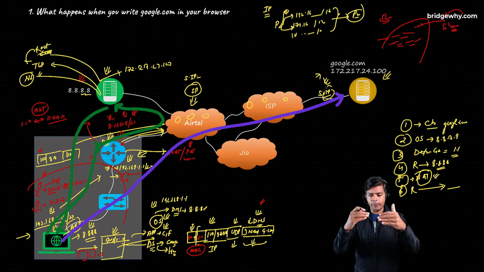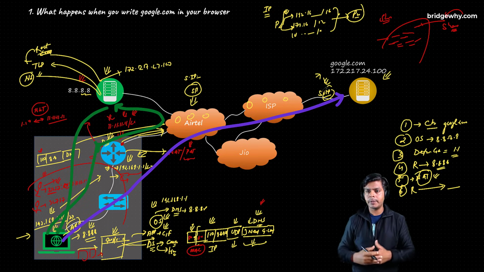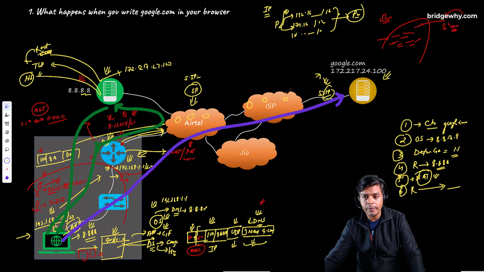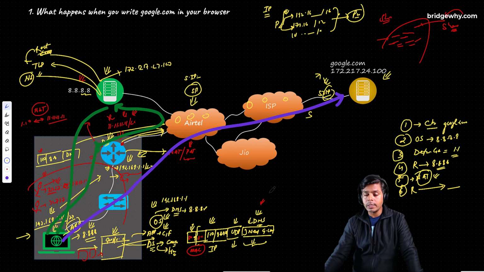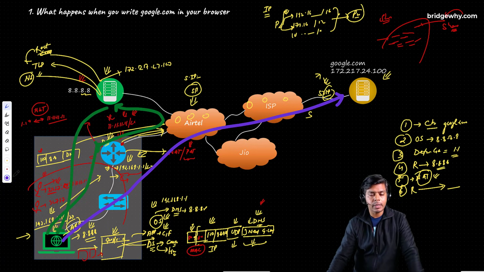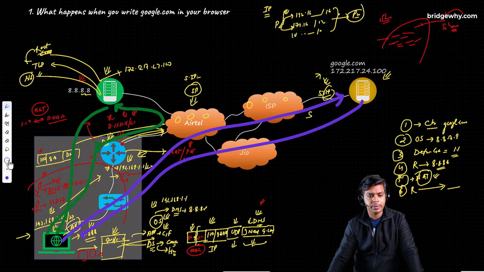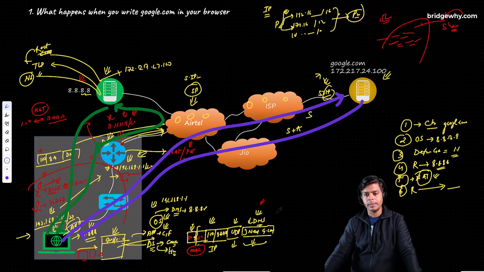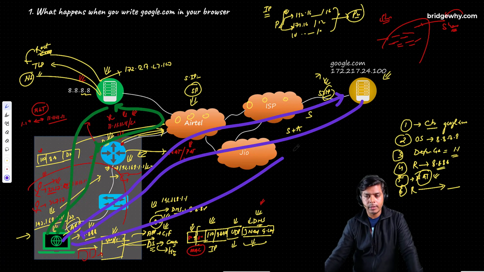In TCP, we first check whether the server is there or not. If the server is there, then I am going to make a connection. So first thing first, we will send this SYN message. The server will reply with the SYN-ACK message, SYN plus ACK, as simple as that.